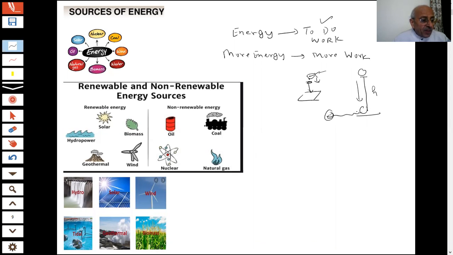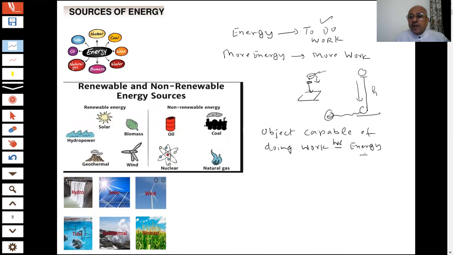So an object having the capability to do work is said to possess energy. All I am saying is an object which is capable of doing work has energy, students.